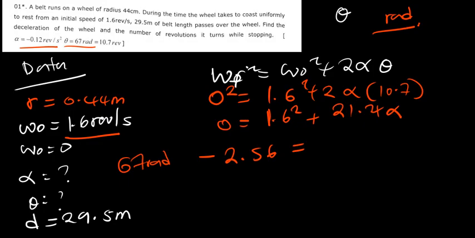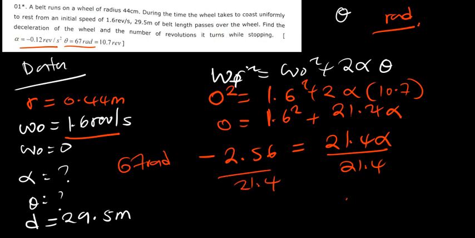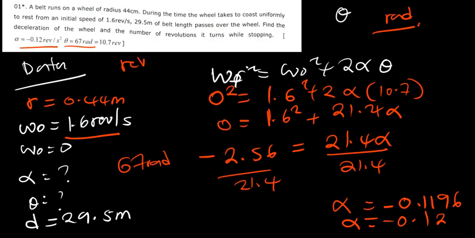I've shifted it so it's now negative 21.4 alpha. Divide by 21.4, therefore alpha becomes negative 0.1196. If I round it off, negative 0.12. That is now in revolutions per second squared.